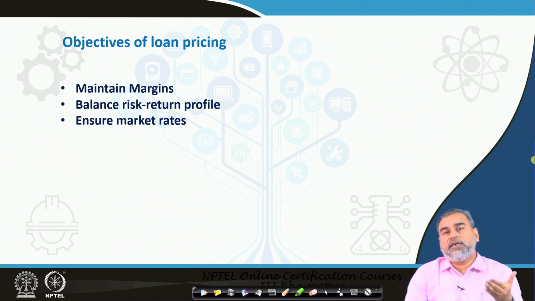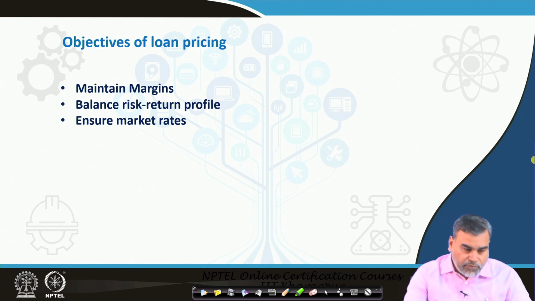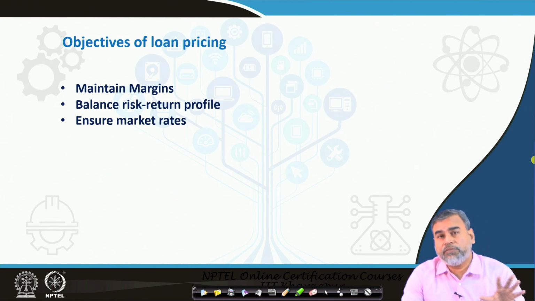The reason is that, depending upon the risk and the profit margin they want to keep for that loan, the interest rate will be different, but the market rates cannot be ignored. So, the loan pricing policy is based upon this.